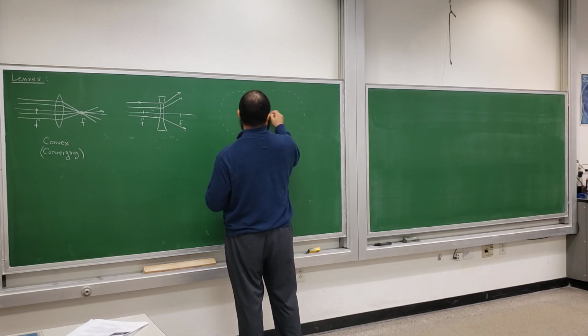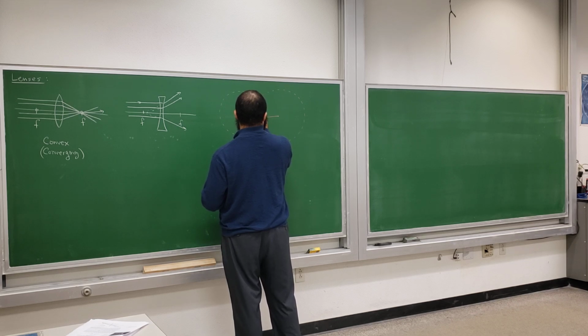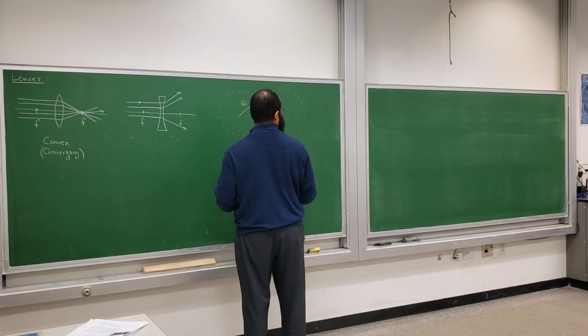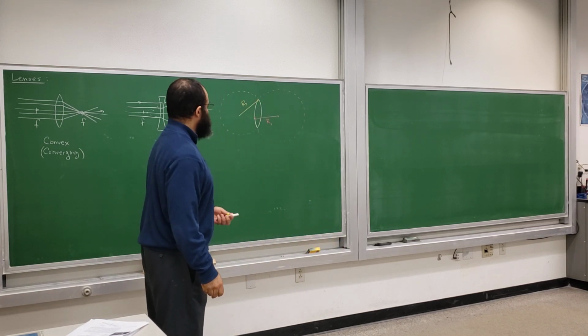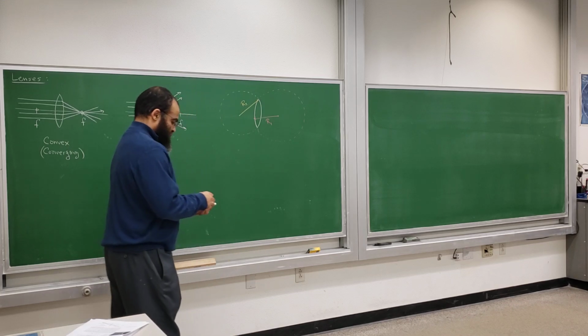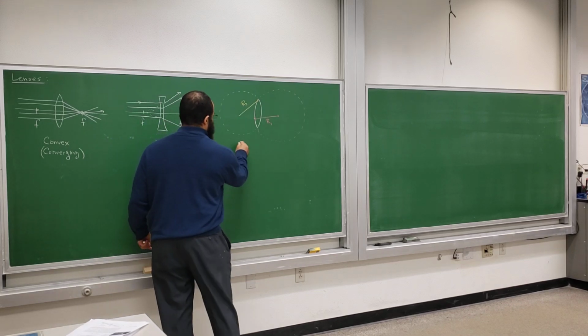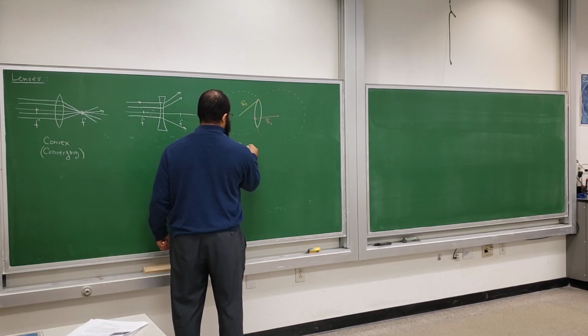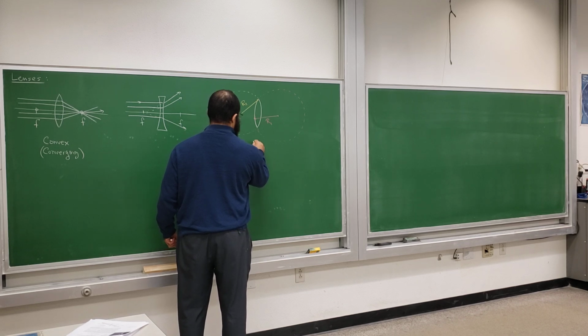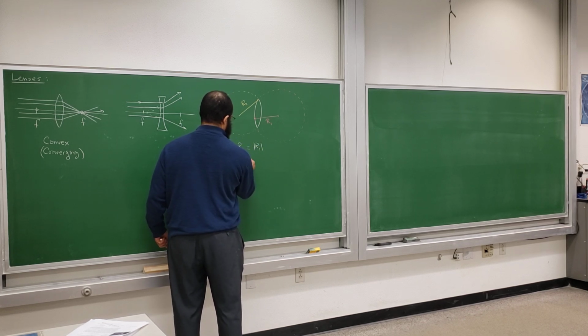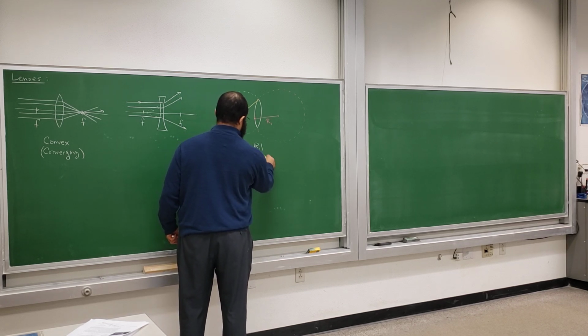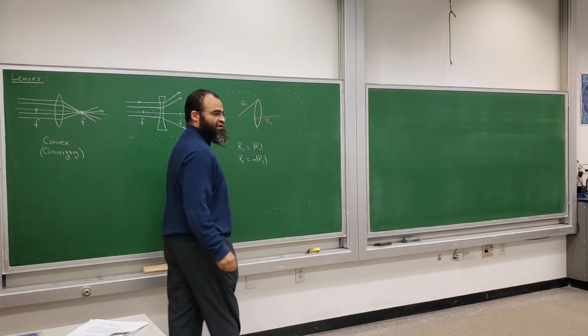R2 is all the way here, and then R1 is here. In this case, R1 is positive, and R2 is negative.